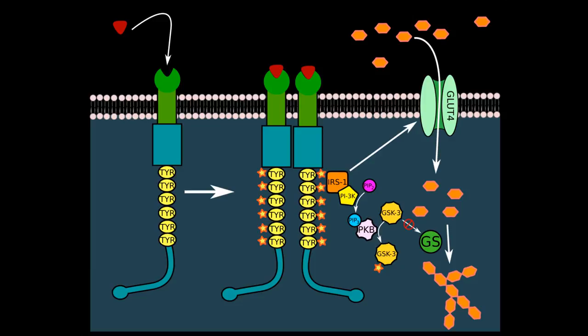So this is two different ways in which we can have two different effects through one signal cascade that have a coordinated response in some situation. Are there any other questions?